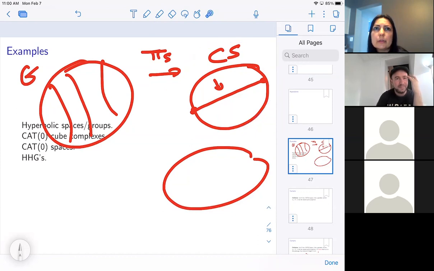I see. So for example, you get the distance formula the same way. I'm not sure what you mean. Yeah, so the distance between two points, or two group elements.